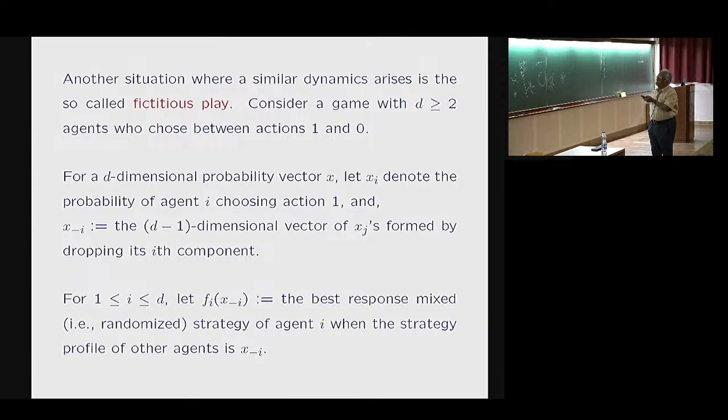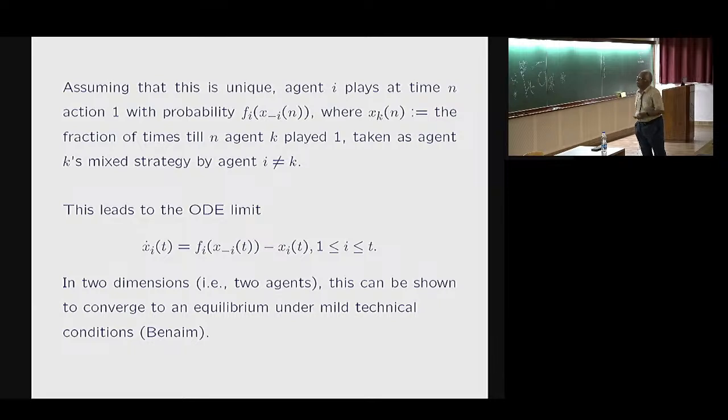Fictitious play I will probably skip, because it's been discussed a lot. This is the ODE limit of fictitious play. You are responding to the empirical policy of the others. It's an n-person game, and x i is the mixed strategy of i at time t, which is updated according to the best response to what the others are doing.